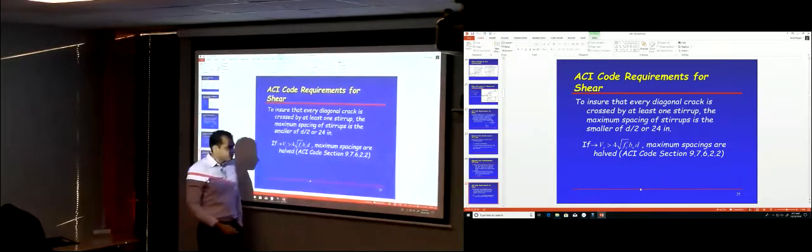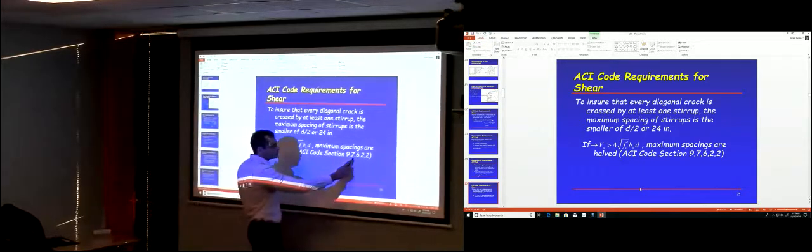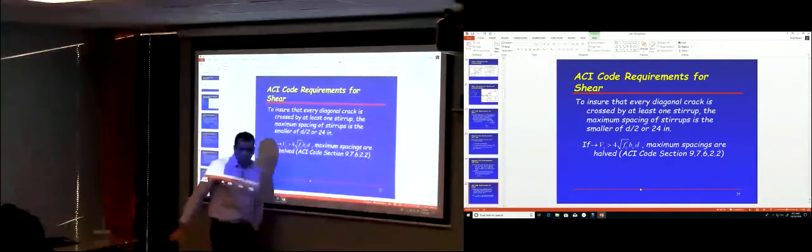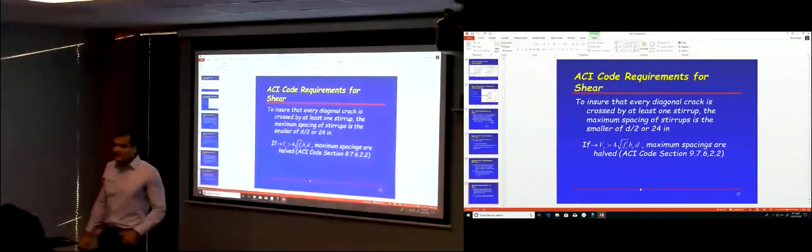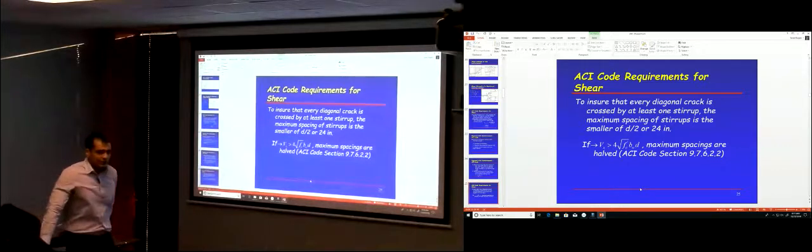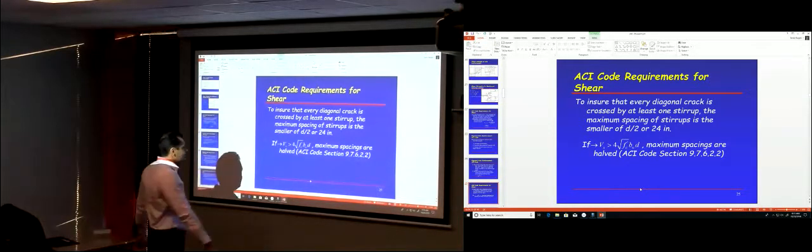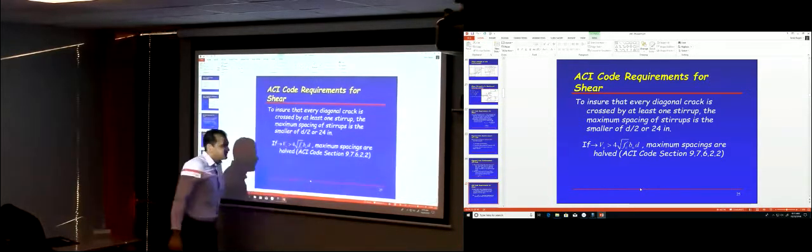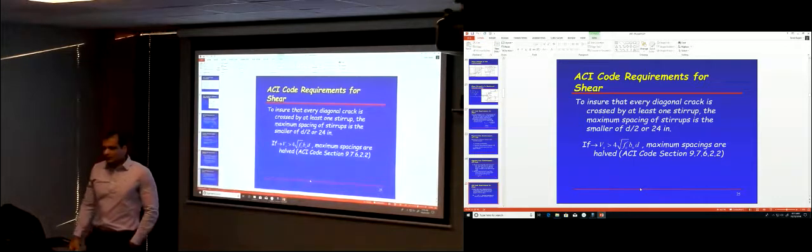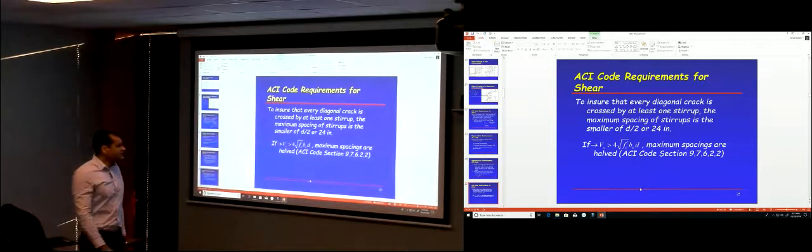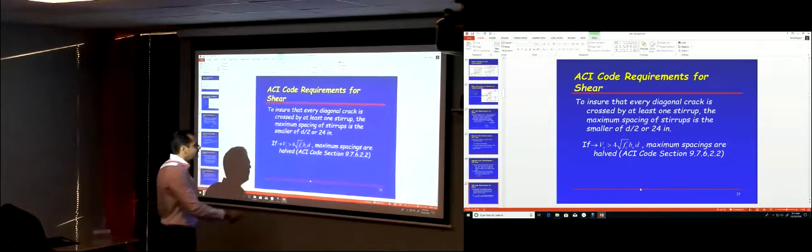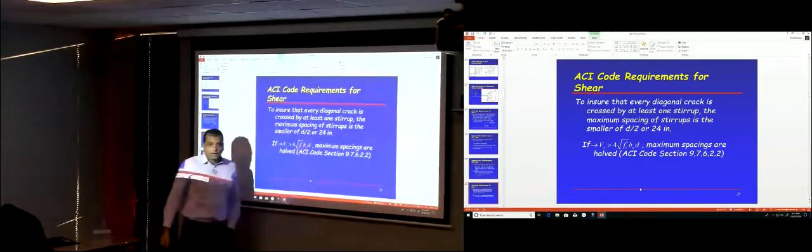You still don't have to memorize this, but you need to know where those requirements are. It's in section 9.7.6.2.2, okay? So that's the maximum spacing of the stirrups. It cannot be more than d divided by 2 or 24 inches, okay? If Vs is less than 4 multiplied by square root f'c b web d. If it's larger than this value, then it's d divided by 4 or 12 inches, okay?